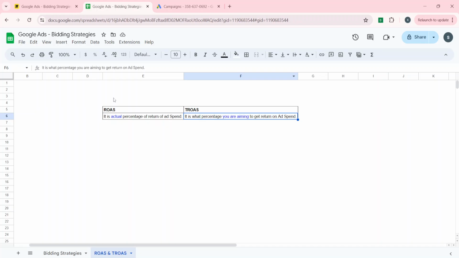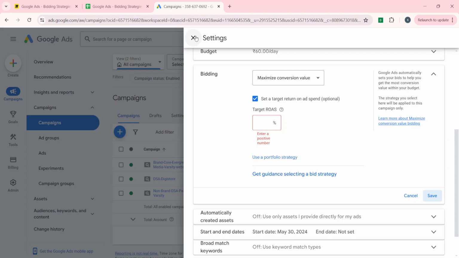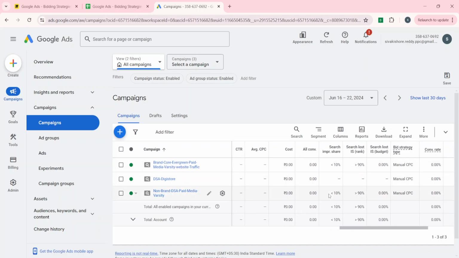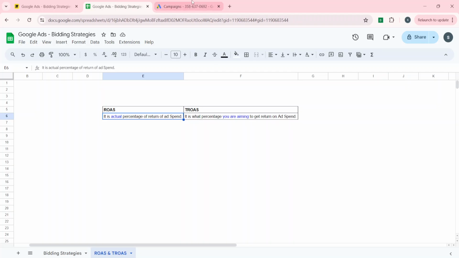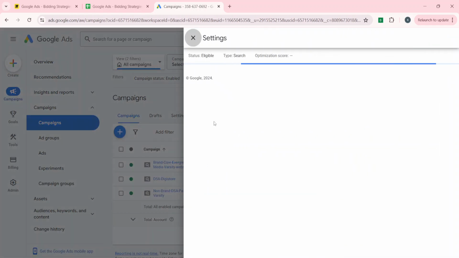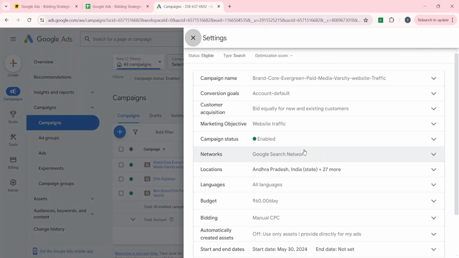So this is the actual ROAS that we are seeing here. We see that we actually got the purchase value. Whatever we see here is the ROAS, and TROAS is the target that we give to these bidding strategies to achieve.